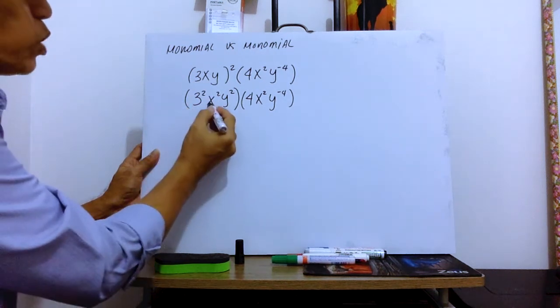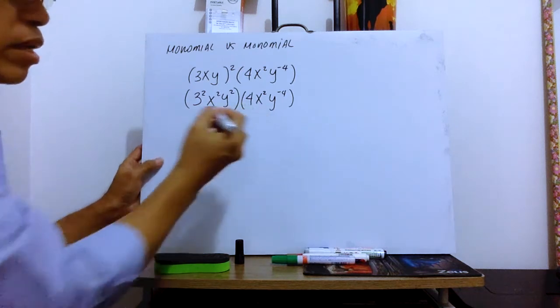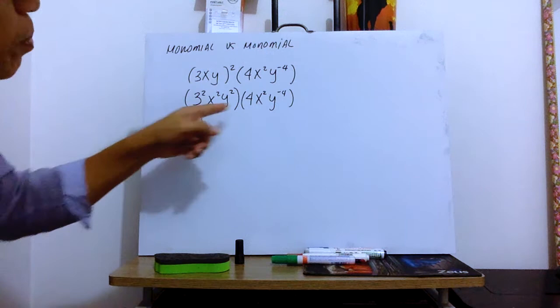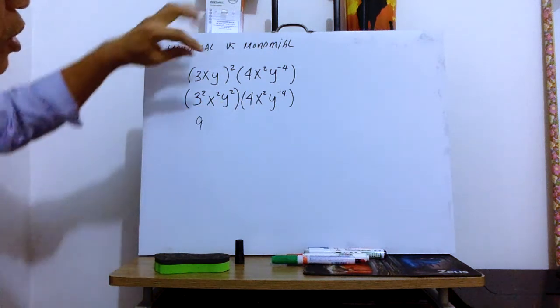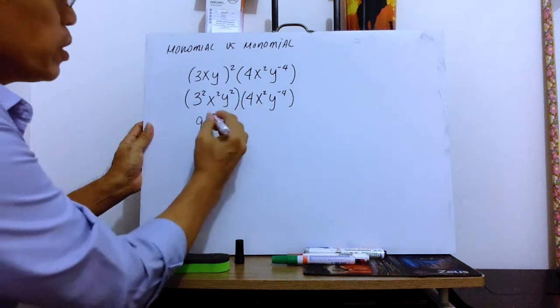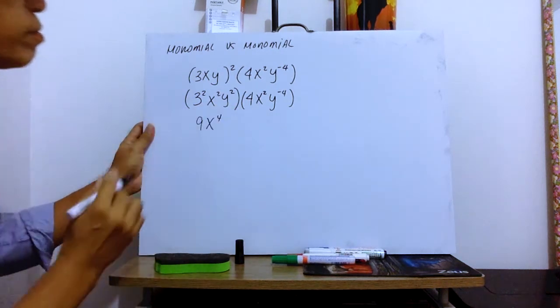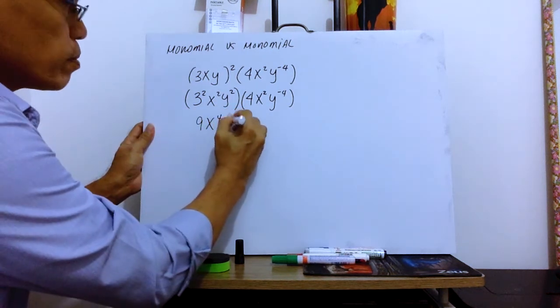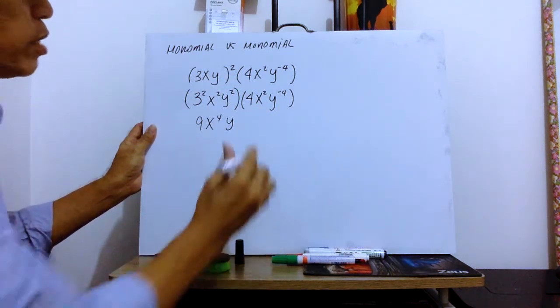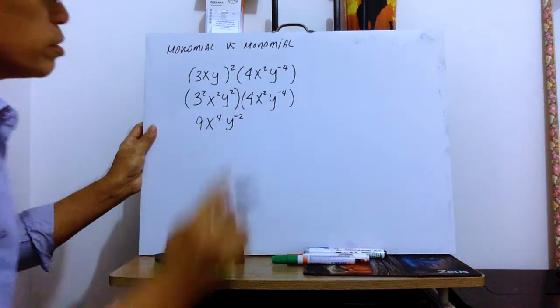And then we multiply this. Remember the rules in exponents, the first rule: when you're multiplying two terms, you add exponents. So x squared times x squared is x to the 4th. And then for the y, you add. What is 2 plus negative 4? That's negative 2.